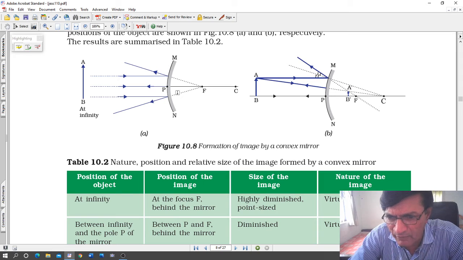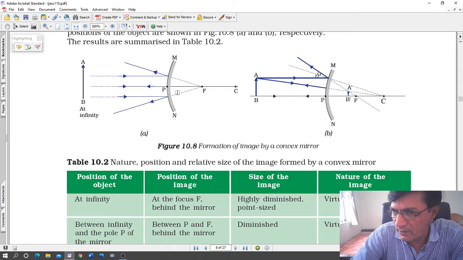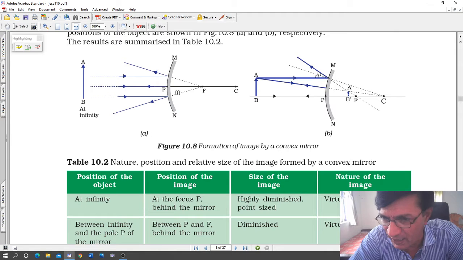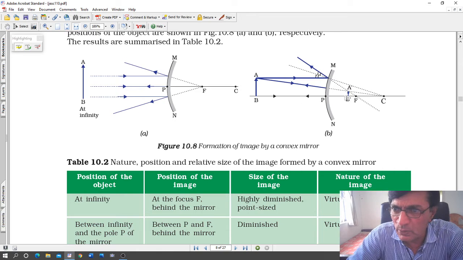It is point-like, highly diminished, very small, and it is virtual and erect. Remember, when an image is formed behind the mirror, it is always virtual. If it is virtual, it is always erect. The same thing in the second one. When an object is placed not at infinity, but between infinity and the pole of the mirror, anywhere, just beyond the center of curvature, in that case also, one ray of light is parallel to the principal axis.